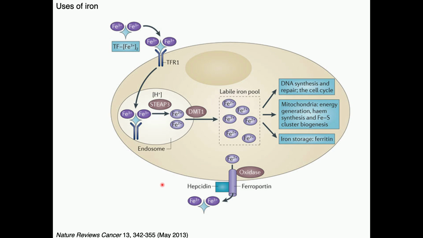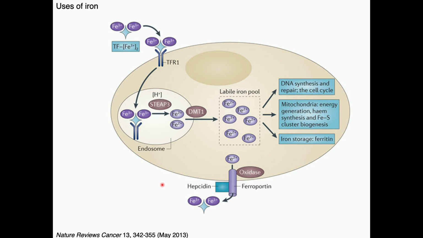Okay, so once the transferrin binds to the transferrin receptor, then we get a pretty familiar receptor-mediated endocytosis. So the plasma membrane invaginates and forms an endocytic vesicle. Then as that vesicle is acidified, the transferrin is released. The transferrin receptor then can be recycled back and re-expressed at the plasma membrane. So that leaves the iron in the ferric state within a little endocytic vesicle within the cell that needs iron.